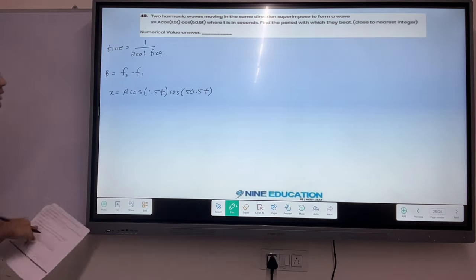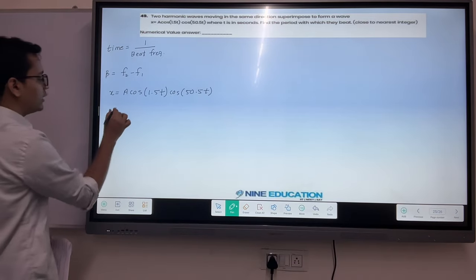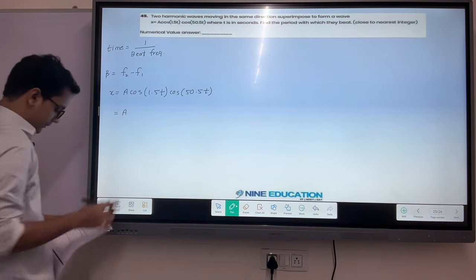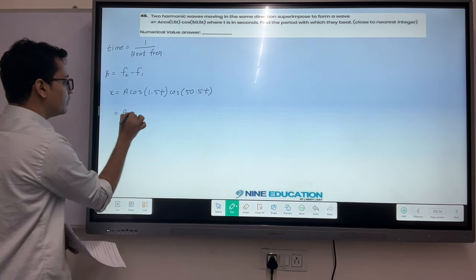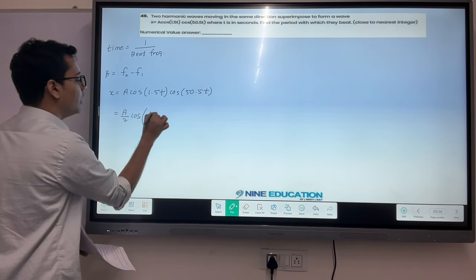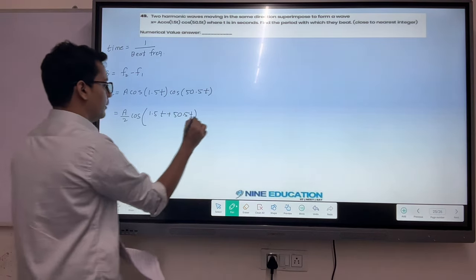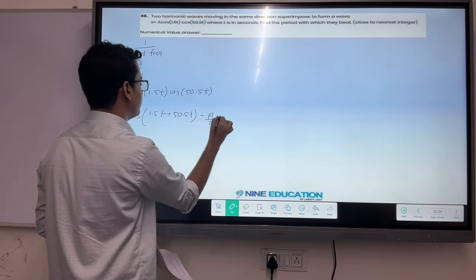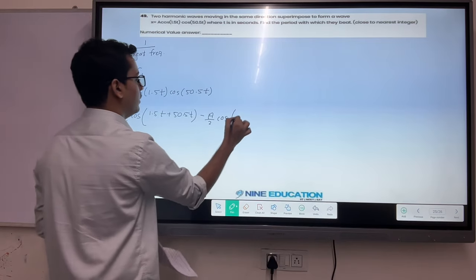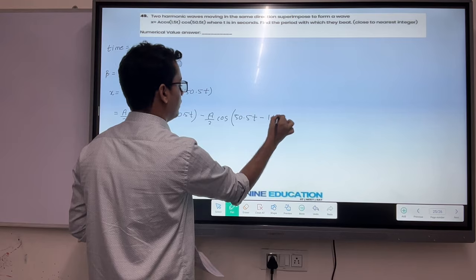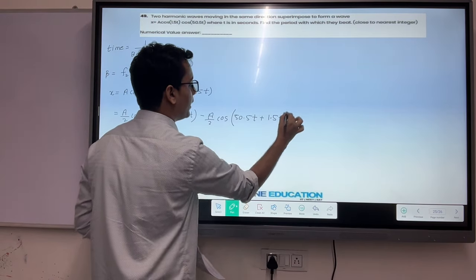Okay, so if I have to expand this, I am going to write something like A by 2 cos of (1.5t plus 50.5t) minus A by 2 cos of (50.5t minus 1.5t).